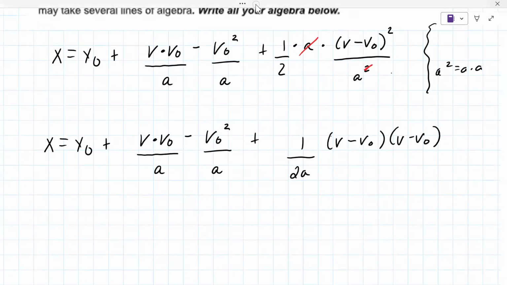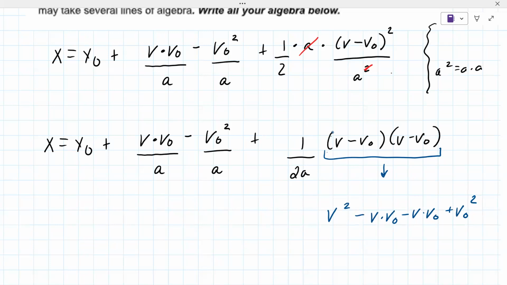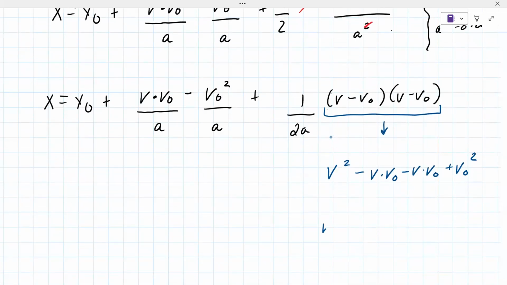I'm going to switch colors just to see here what this becomes. So foiling this becomes v squared minus v times v0 minus v times v0 plus v0 squared, which reduces to v squared minus 2v times v0 plus v0 squared.